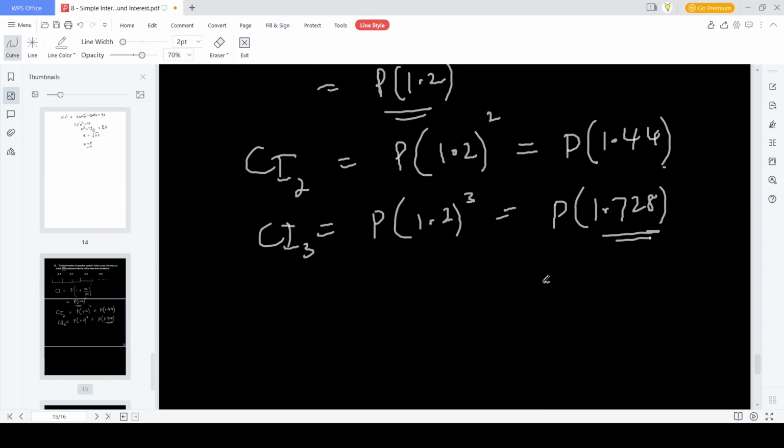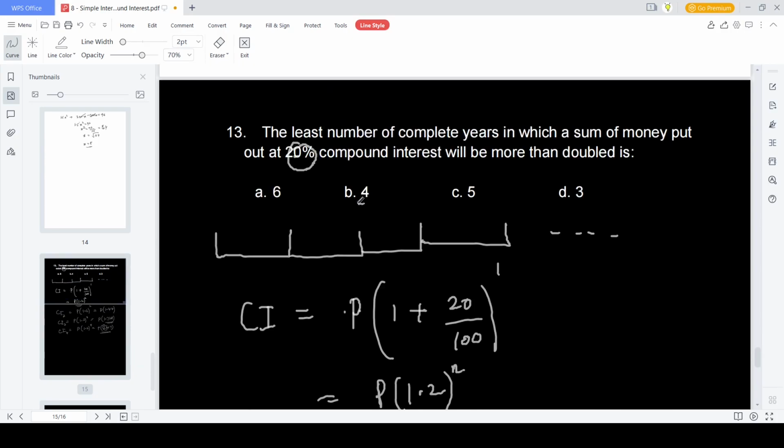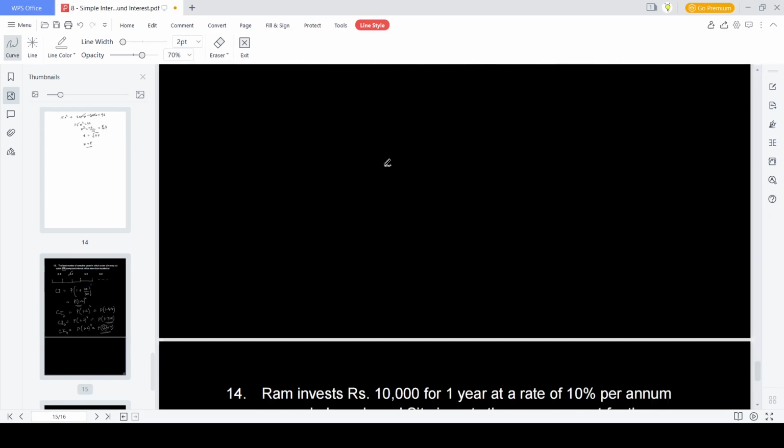This is still less than double. So I will go for the fourth year. This will become P into 1.2 power 4, which is nothing but P into 2.07. Here we can see it doubled. So if you put your money in at the rate of 20%, in 4 years it will double. That's the answer.